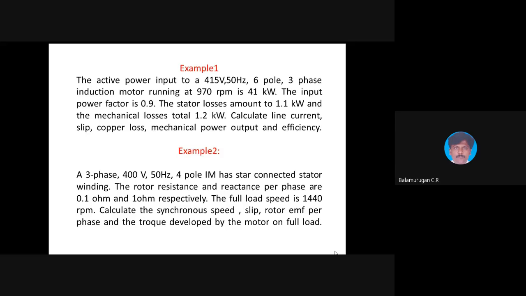Write the parameters and take the first subdivision. What is the first subdivision? You are supposed to calculate the line current. Is it possible to tell the formula for line current?